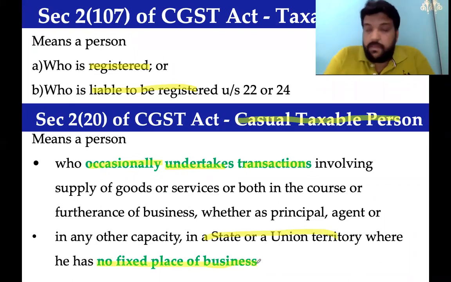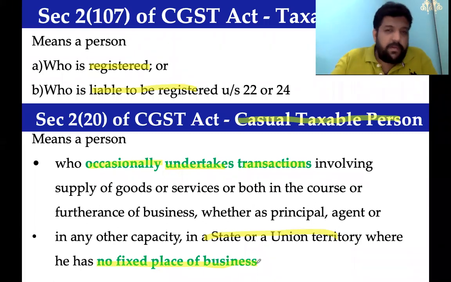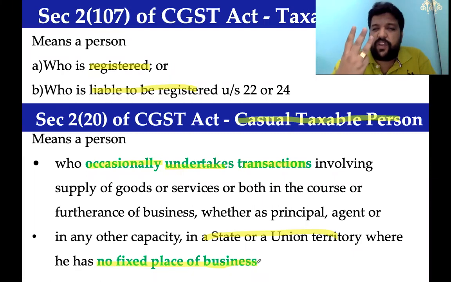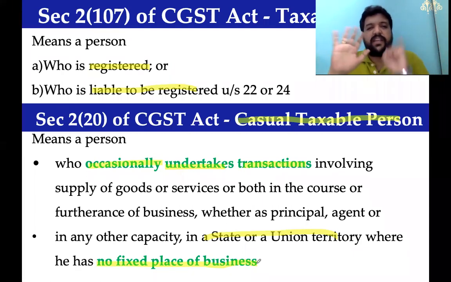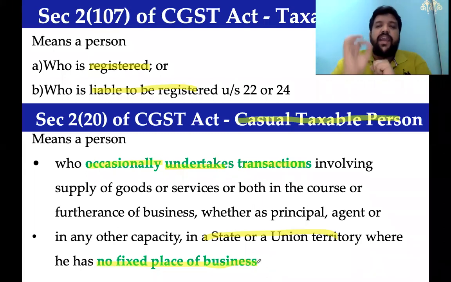When a person comes from Andhra Pradesh to Tamil Nadu, and in Tamil Nadu he is going to put up stalls only for 3 days, 5 days, 7 days, 10 days, and do business, then he would be called a casual taxable person.